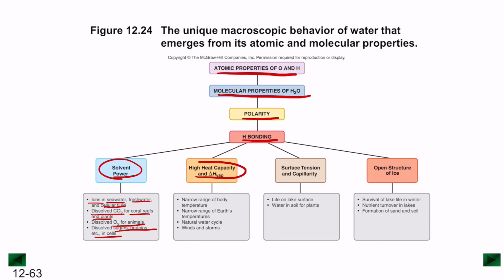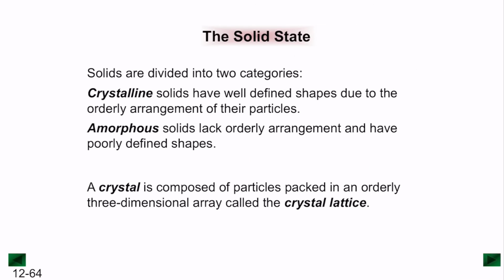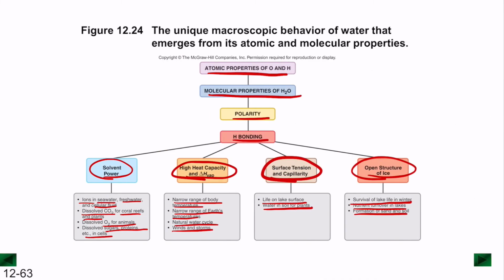It also has higher heat capacity and higher heat of vaporization, resulting in a narrow range of body temperature, a narrow range of Earth's temperatures, the natural water cycle, and winds and storms. And this hydrogen bonding also creates surface tension and capillarity, which results in life on lakes and soils, and water in soil for plants. The open structure of ice results in the survival of lake life in winter, the nutrient turnover in lakes, and the formation of sand and soil. So this is the uniqueness of water.